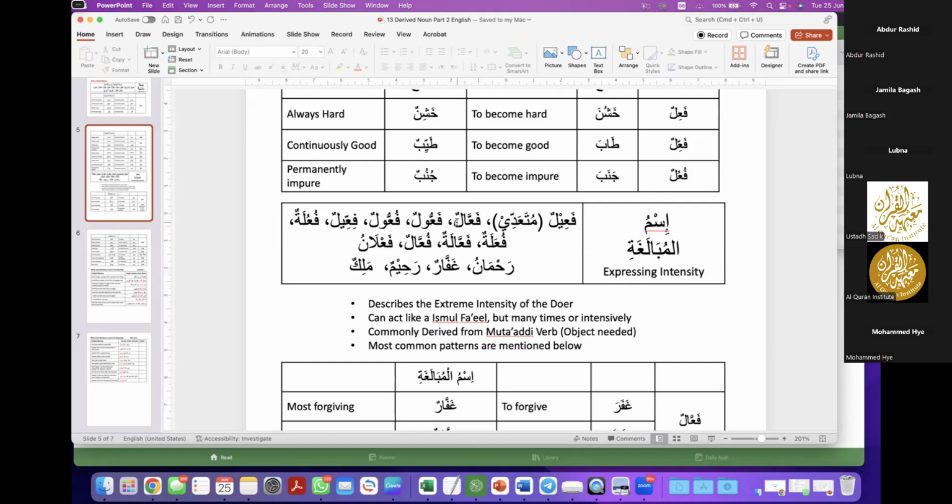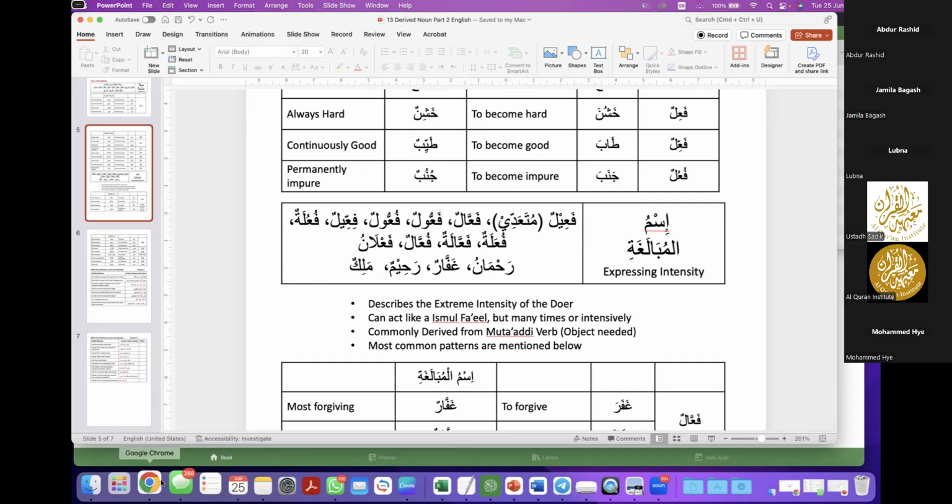You do realize one thing, don't confuse. An ism could be in marfu form, mansub form, or majrur form. So fa'alun, fa'alan, fa'alin. In any ism the irab changes, okay? The pattern is fa'alun pattern.